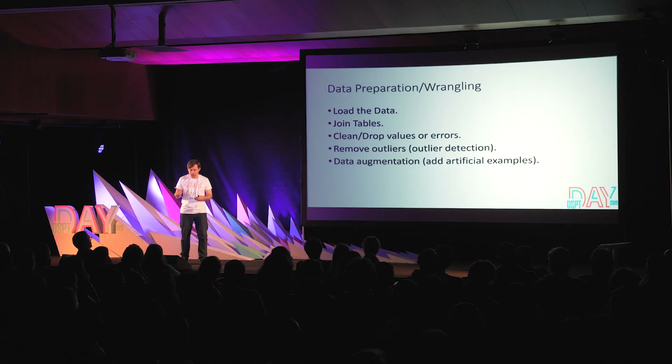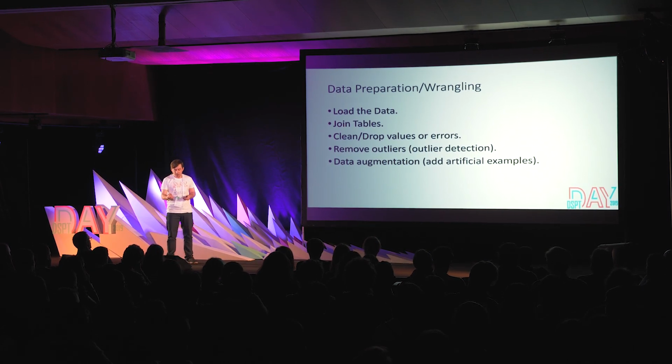So it's how you're going to load the data, join the tables, clean or drop values and errors in the data set, remove outliers, which is sometimes necessary, and process some data augmentation or different data sampling. These are all steps of the automated machine learning process, right? And usually the automation decides which of these steps need to be done or not.